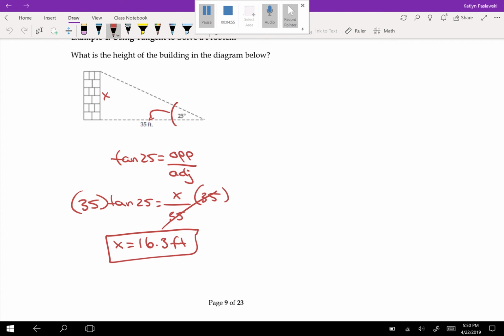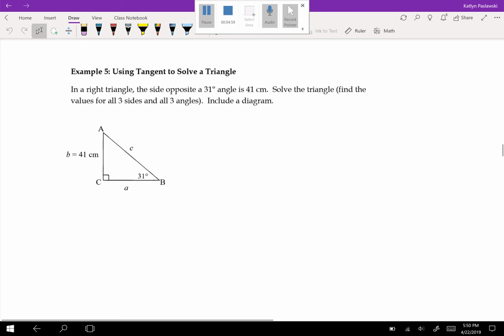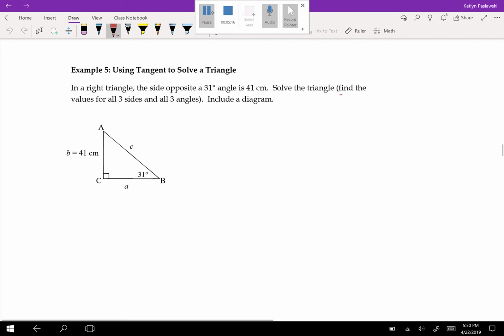Example 5, we have a right angle triangle, and the side opposite of a 31-degree angle is 41 centimeters. So we have it labeled here for us. We have a 31-degree angle. The opposite side there is 41 centimeters. It wants us to solve the triangle. So find the values for all three sides and all three angles.